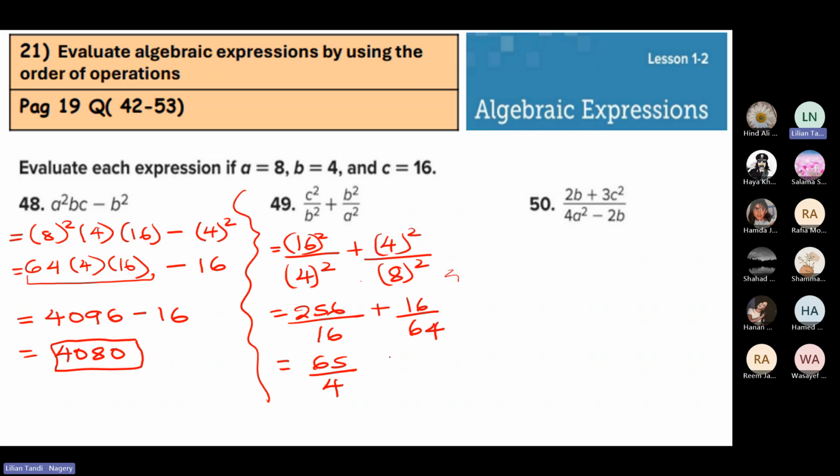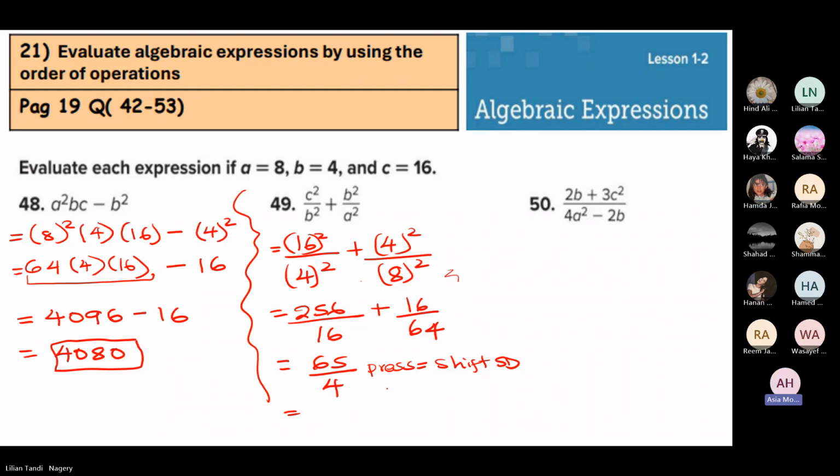For you to simplify, press equal, then shift, then SD. What do you get? Miss, when we put it in the calculator, we have to write the number up and down plus the number up and down.